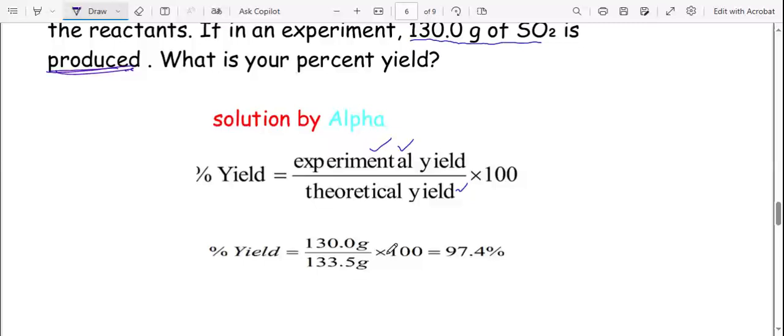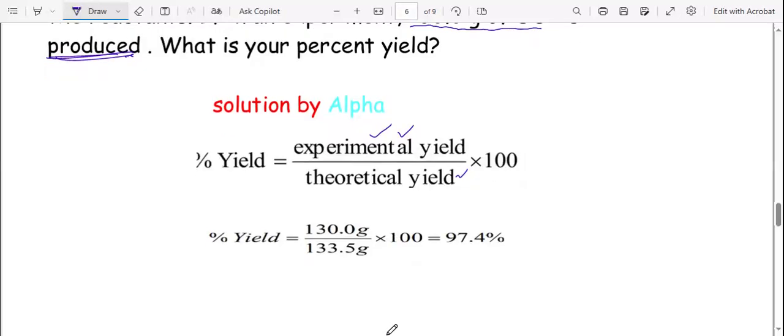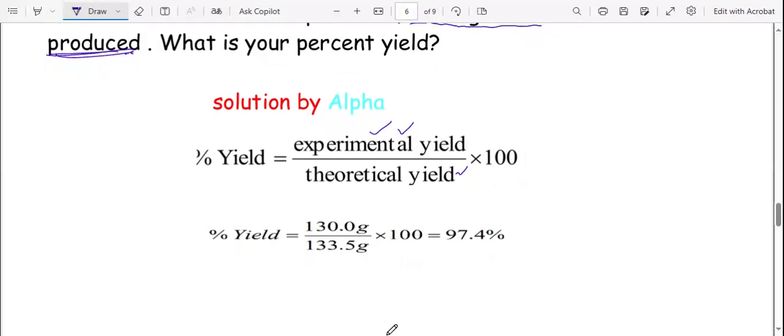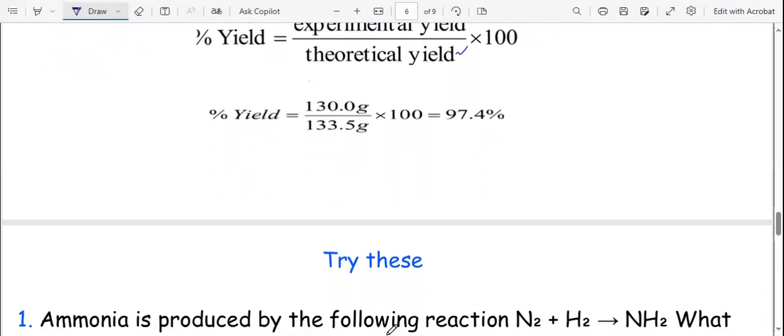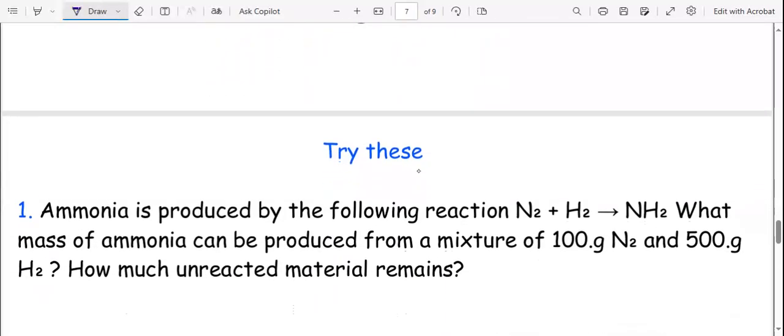So that means the yield will be 130, which is the experimental, over the theoretical part, 133.5. So that will give us 97.4. I'm sorry, I'm very fast. So you get that 97.4.